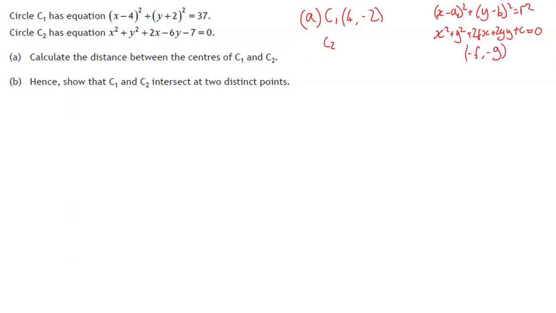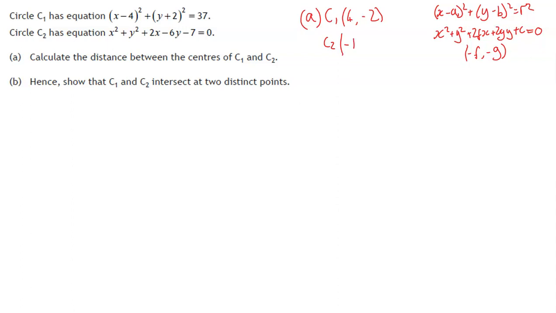So what I have to do is equate those and figure it out. The coefficient of x, the 2f, is equivalent to 2 in the equation given. So if 2f is 2, then f is equal to 1. But for the centre of the circle, it's negative f. So if f is 1, negative f gives me negative 1.